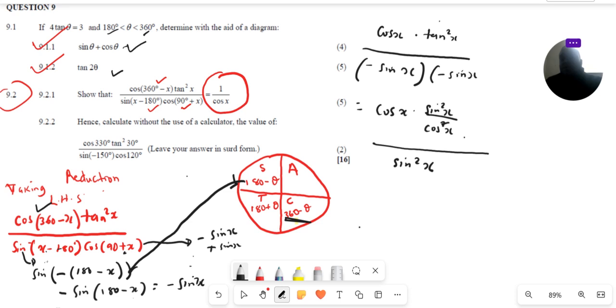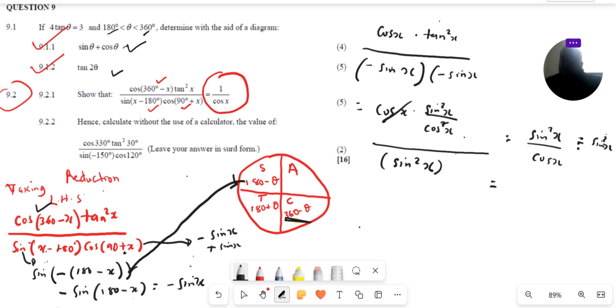One of the cos here cancels out with this cos. Then I'll have sine squared of x divided by cos of x, then divided by this one, sine squared x.